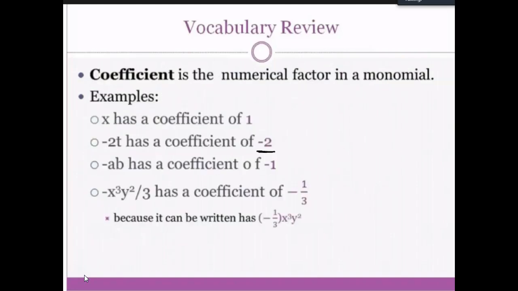So that takes us into our next word, which is coefficient. A coefficient is the numerical factor in a monomial.